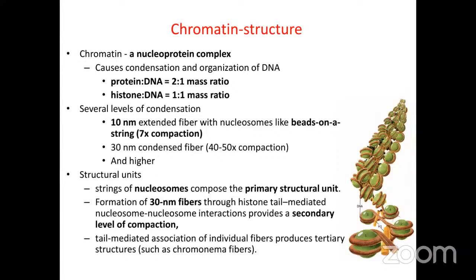This chromatin is a nucleoprotein complex, a constituent of DNA and protein. Chromosomes are made up of not only DNA, but are associated with various proteins, and this entire structure we call chromatin.